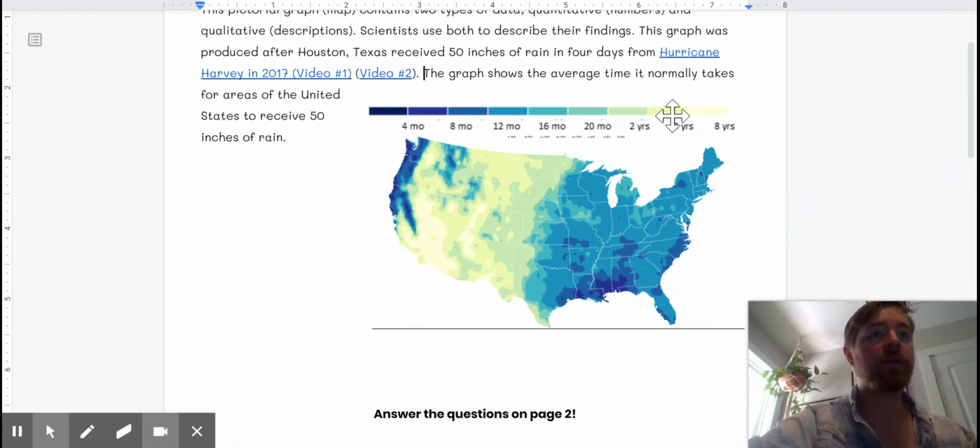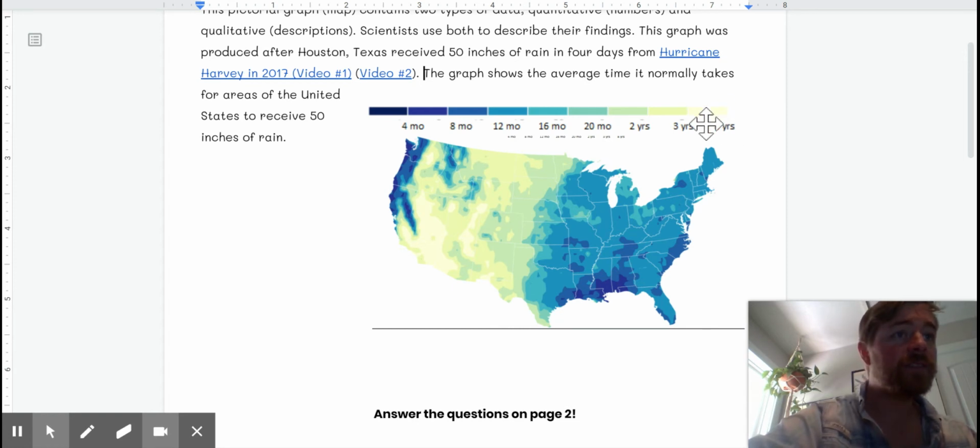Okay, so if we look up at our key, to the left we have our shortest amount of time. Okay, the dark blue to almost purple is less than 4 months of time to get 50 inches of rain. And then as we go to the right, and it gets lighter and lighter and lighter towards yellow, that's longer and longer time that it takes for an area to get 50 inches of rain.